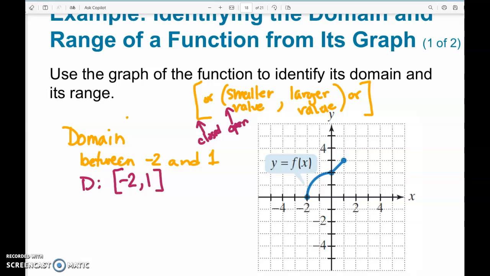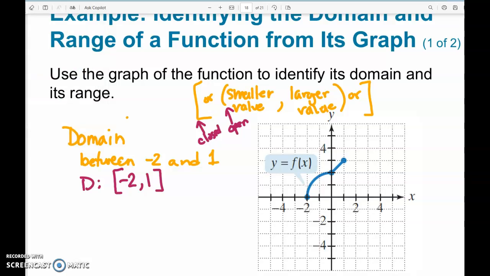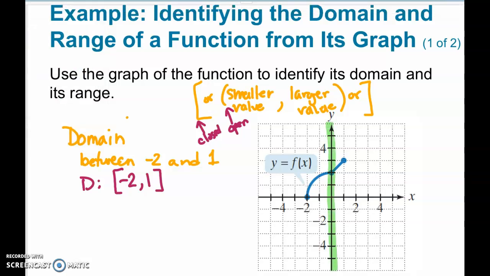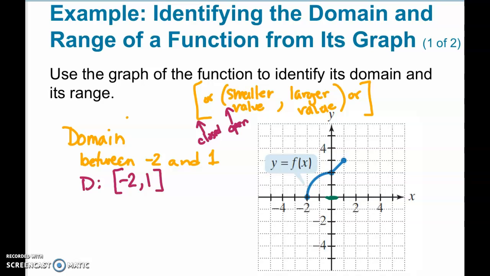Now, to do the range, we said we're going to look at the y-axis. So the y-axis, which one is that? It's this right here. But I need to focus on what values are represented. So for the y-axis, I have values from here up to here. So where is that? That's 0 on the y and +3.